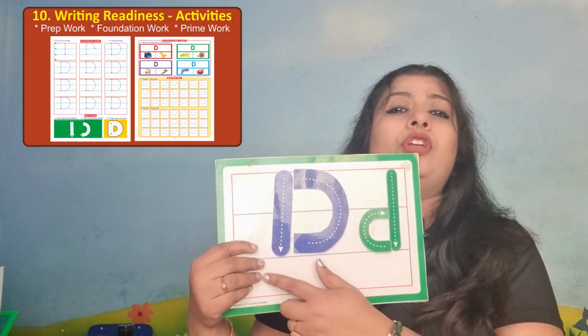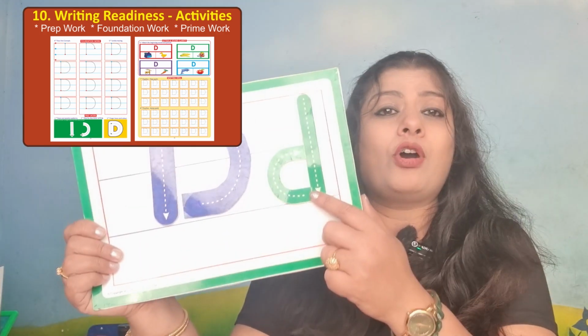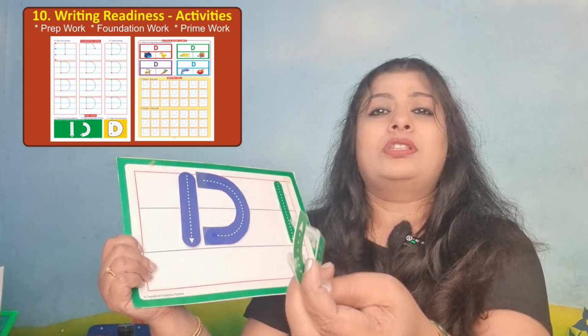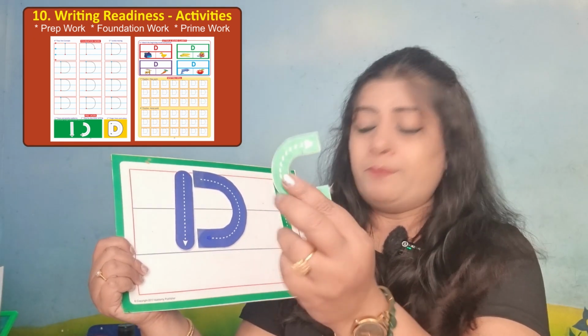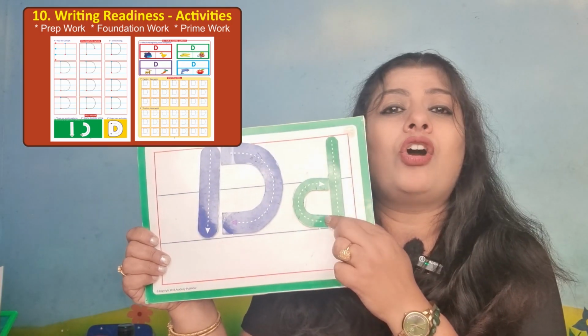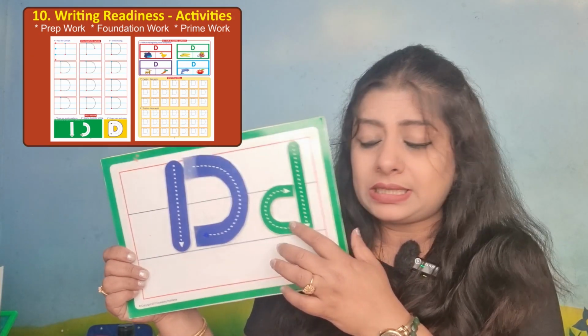So this is how you are going to do the pattern demonstration, and very similarly for the lowercase letter also. So these can be removed. See, it's very, very important for children to know how this letter sits and stands on a 4-line or a 3-line format. So please don't skip this step.